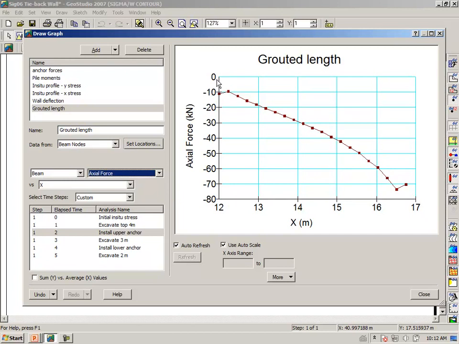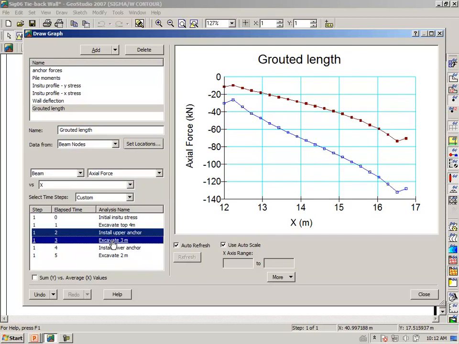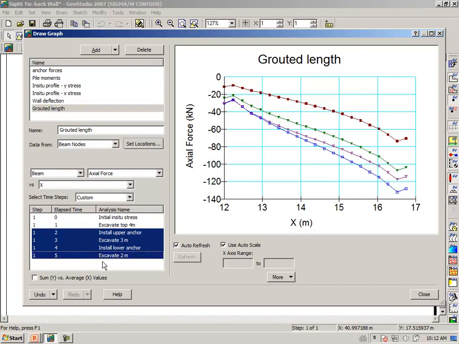Just looking at what happens to the axial force when we now make a deeper excavation, and then install the lower anchor, notice once again the axial force decreases, and then finally when we make the last excavation, we have a slight end effect here.